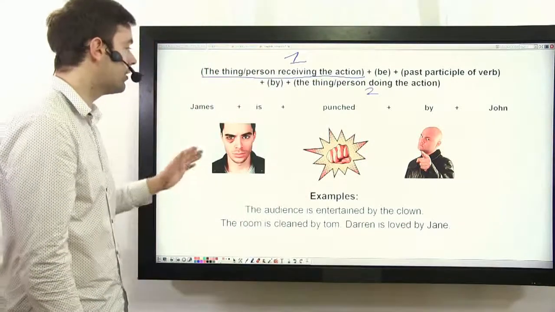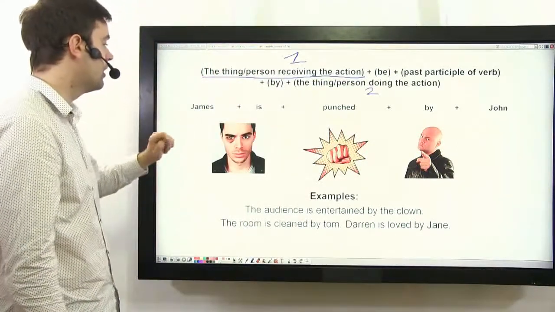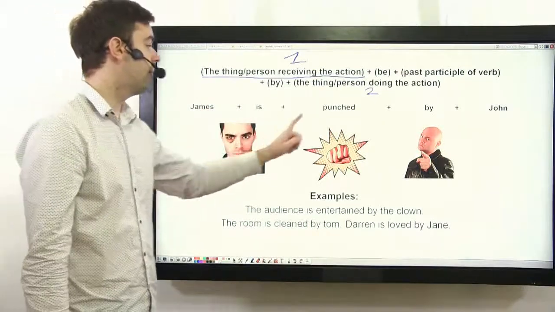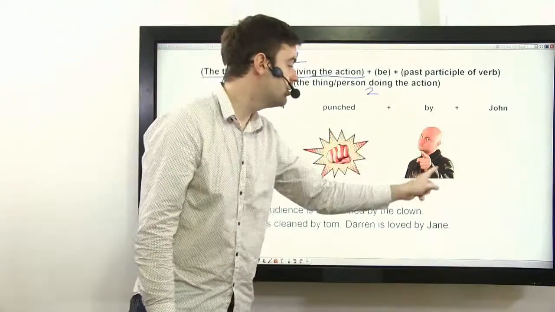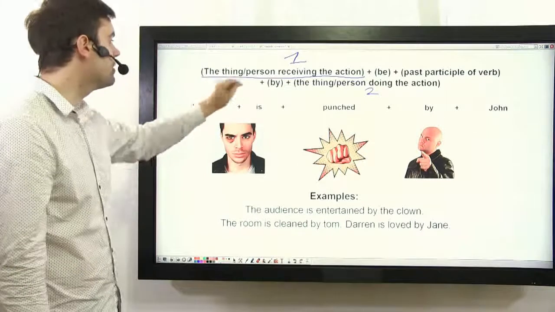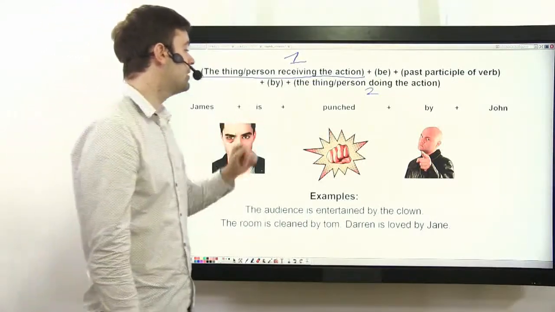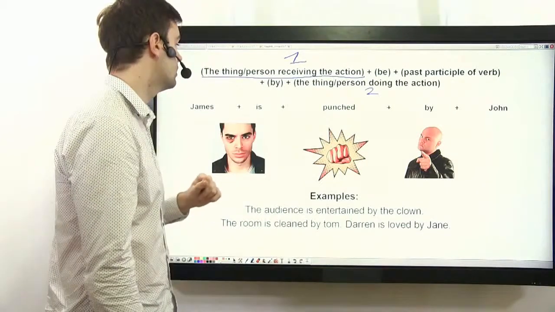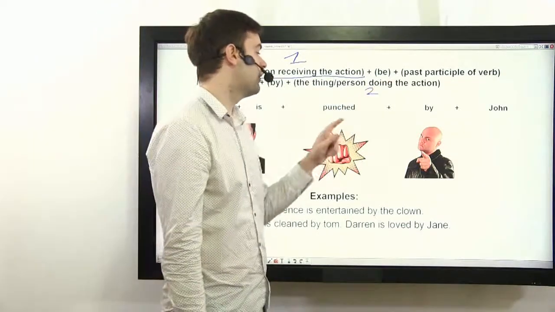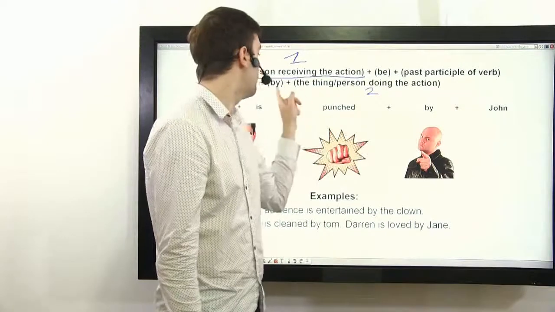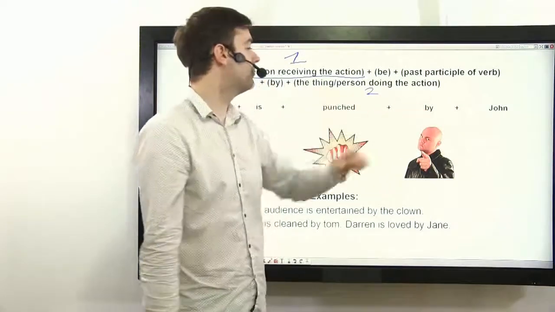So, James is punched by John. So James, the thing or person who received the action, is, then the past participle of the verb, punched by John.